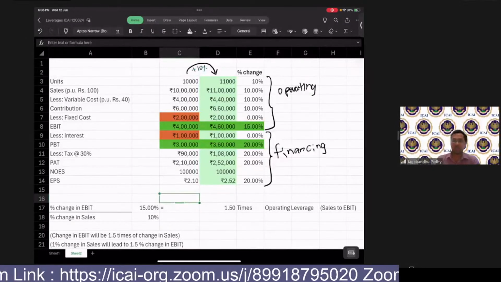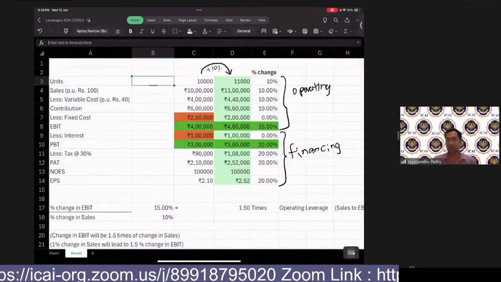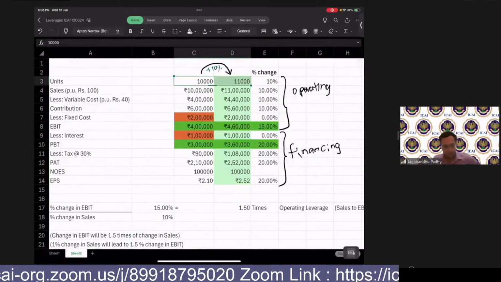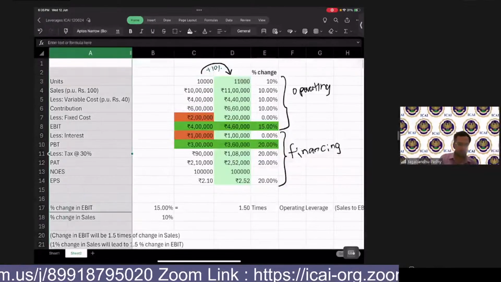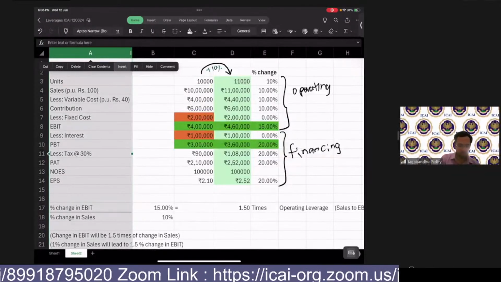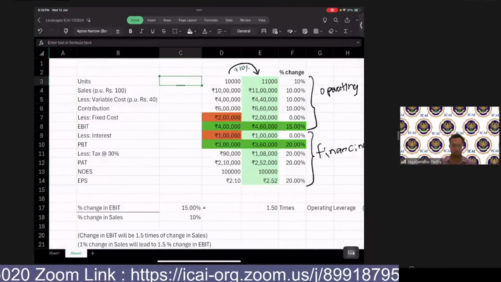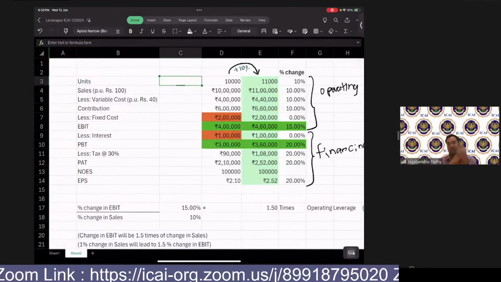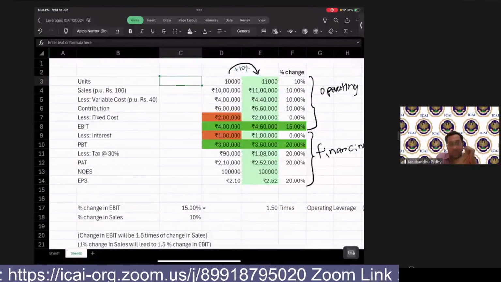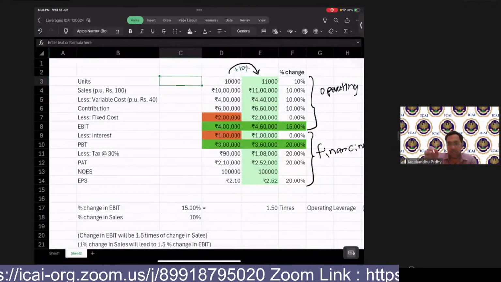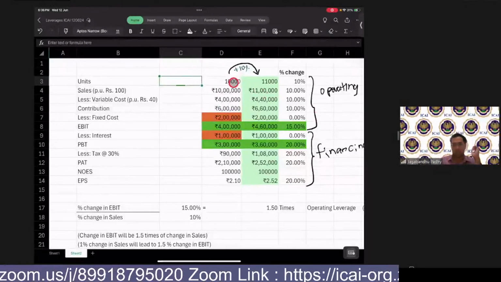let me show you something additional. We have calculated everything looking at percentage changes in all the items. But if we look at the other aspect, suppose I reduce my effort by some percentage, say 10%. My units were 10,000.